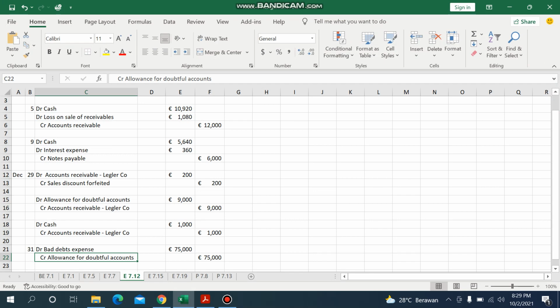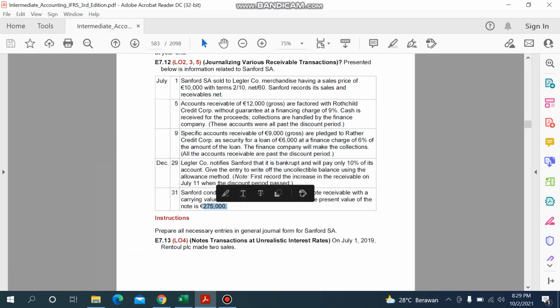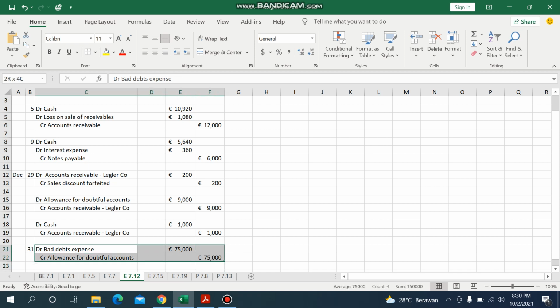Once again, because this 275,000 is still an estimate, we just estimate it under allowance for doubtful accounts. Therefore, in the statement of financial position, we will present the notes receivable with the most realistic amount rather than put the 350,000. So that will be the last journal entry for the account.